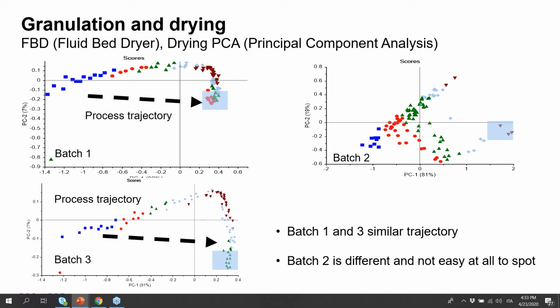And actually, we started the investigation with the customer, and it came out that batch number 1 was done at 9 AM, batch number 2 was done at 12, and batch number 3 was done at 3 PM. Again, these plots are referring to the drying process.